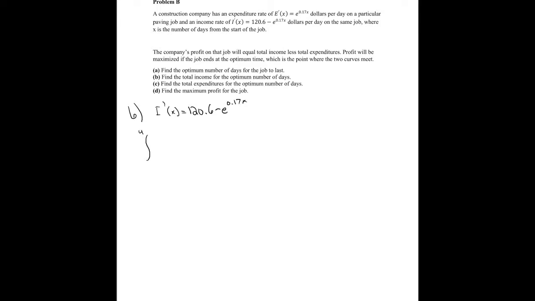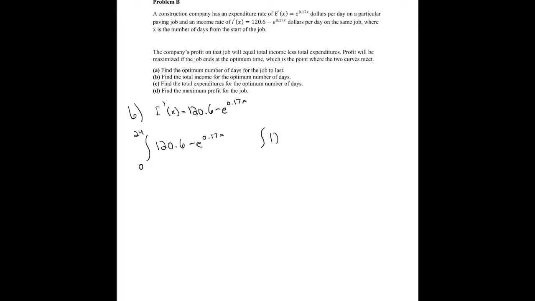We're going to want to solve the antiderivative of I(x) using lower and upper bounds. The upper bound in this problem will be the optimum number of days, which is 24, and the lower bound will be 0 because that's when it starts. It goes from 0 to 24.